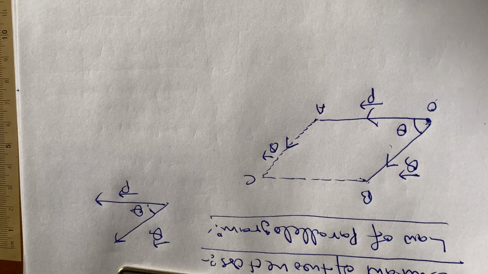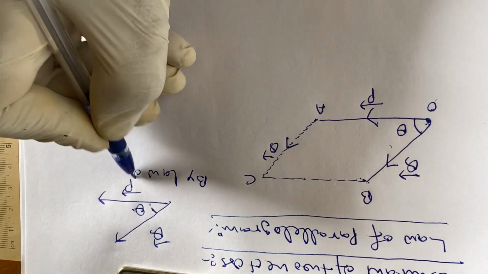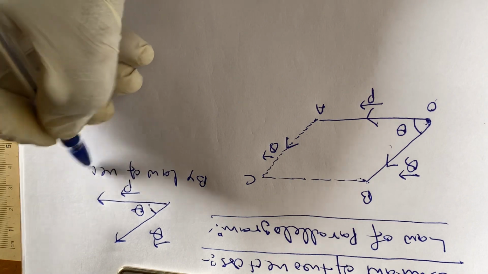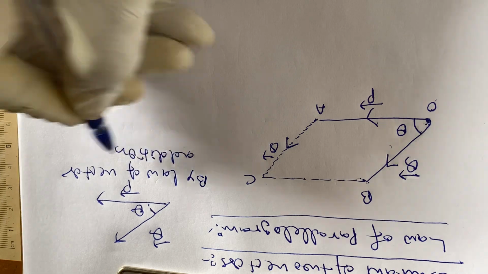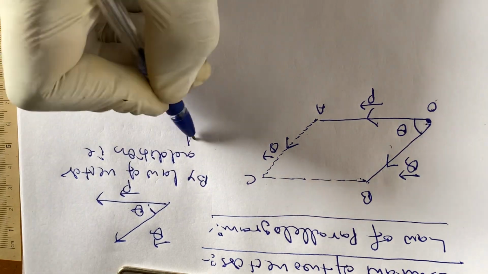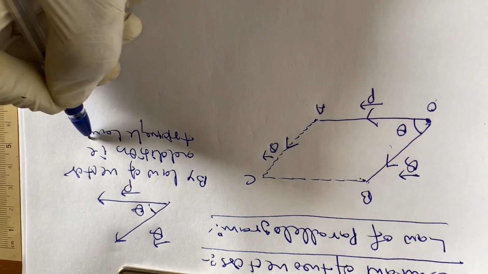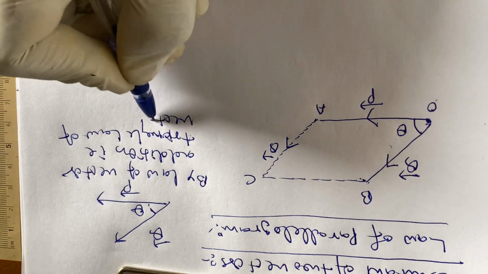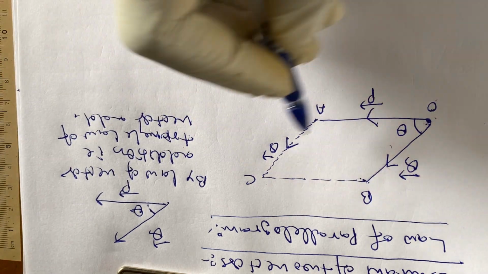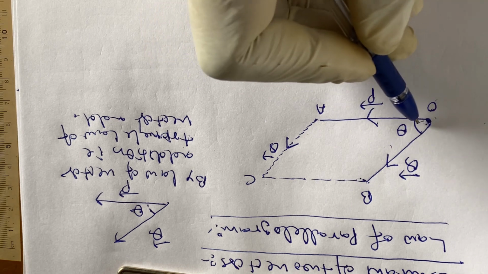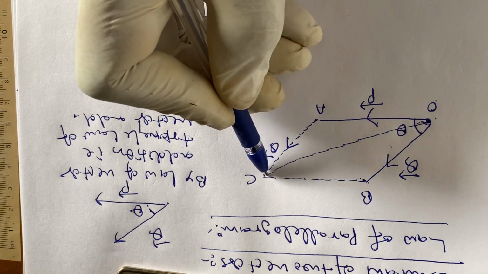Now, by the triangle law of vector addition, which says this is the first vector, this is the second vector, the resultant will be a line joining the tail of the first vector to the head of the second vector.